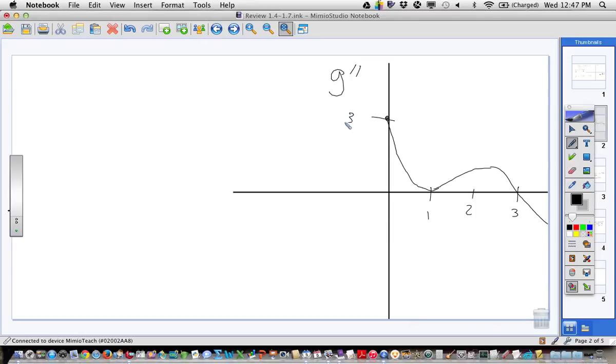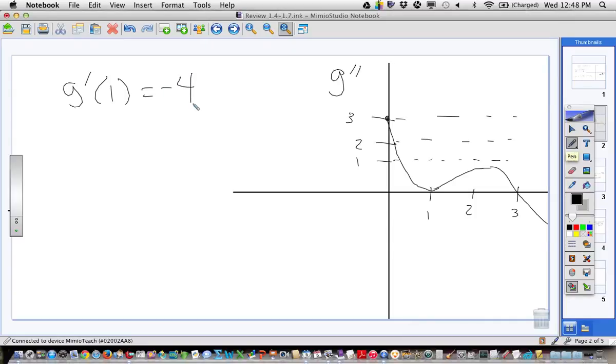All right, and so it's up here at 3, and this, that's 2, and that's 1. So they say then, on number 21, suppose that G prime of 1 is equal to negative 4.